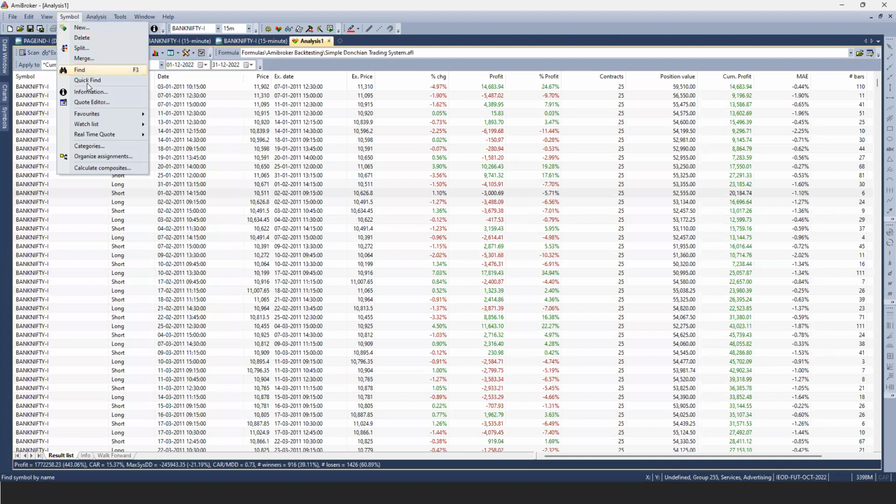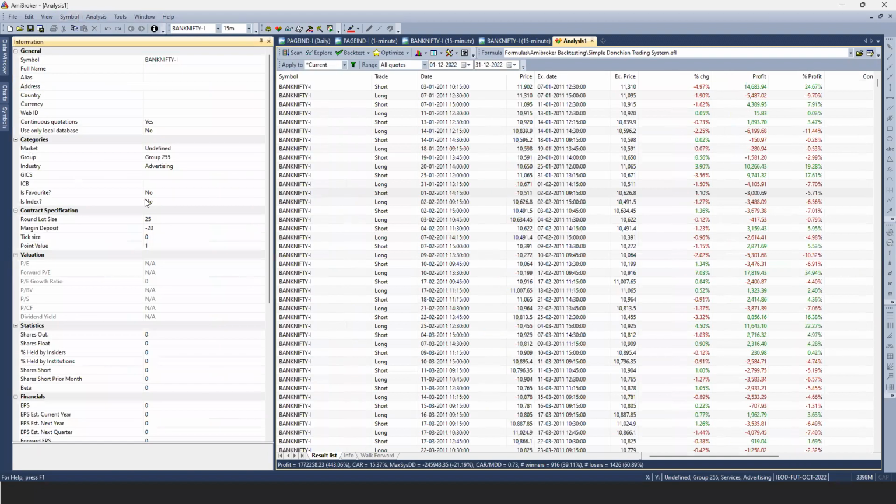Symbol information opens up a tab, and there we have to enter the lot size and margin deposit. The margin deposit here is -20. That means 20%. Minus here represents percentage terms. So -20 means 20% margin, which means 5 times leverage from the broker. Nifty and Bank Nifty will mostly be around 13 to 18%, but still it's okay to give some higher numbers.